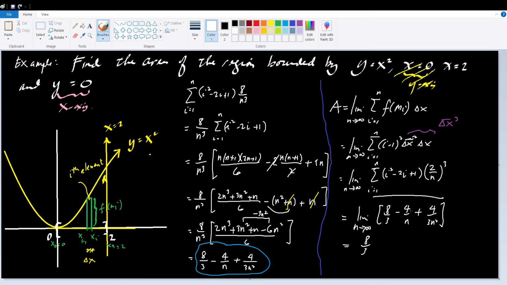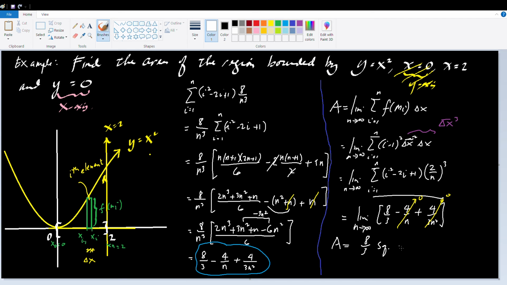The limit of 4 over n as n increases without bound: the denominator is increasing without bound, and if the denominator of a quotient gets larger and larger, then the quotient will approach 0. Same thing for 4 over 3n squared. As n increases without bound, it will also approach 0. So the final answer then is A equal to 8 thirds.